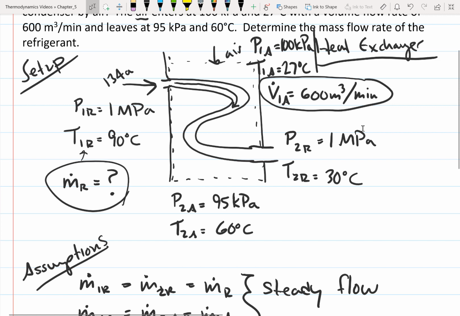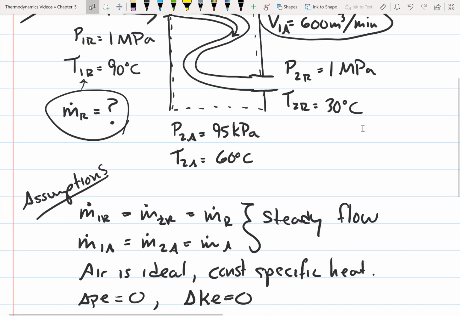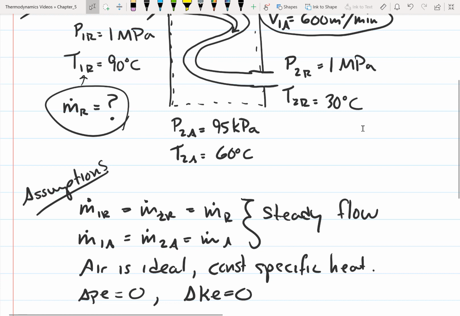Otherwise, if the velocities through this heat exchanger were really fast, there wouldn't be enough time for much heat transfer between the refrigerant and the air. We actually want these to move pretty slowly so there's time for maximum heat transfer to occur. They're also going to be relatively unchanging, so we can assume that the kinetic energy change is approximately 0.